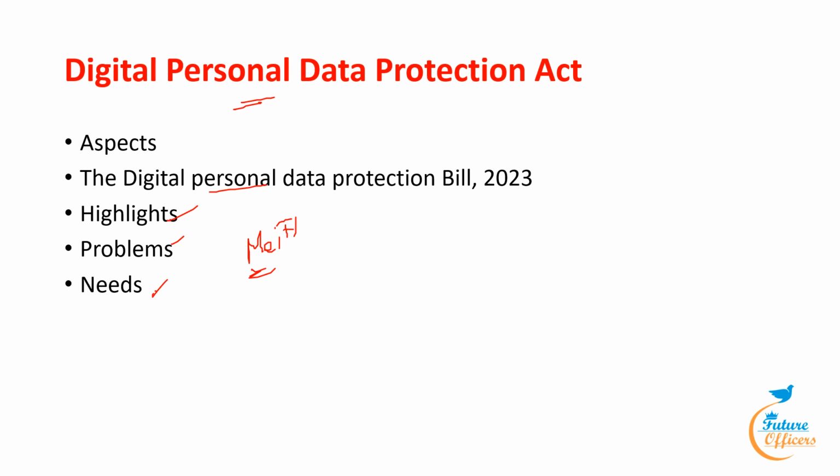The bill permits the export of personal data outside of India, with the exception of nations that the central government restricts. The terms of the appointments to the Data Protection Board of India are 2 years, after which they can be renewed. The short term and scope of reappointment may impact the board's ability to operate independently.